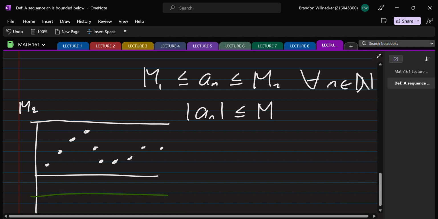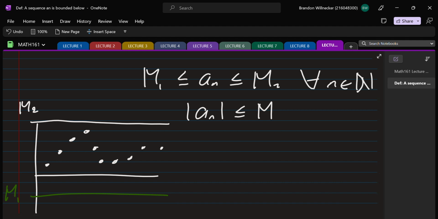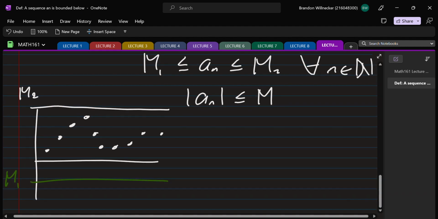So here, that's perfectly fine, M1. So we see that the sequence is above the M1 line and below the M2 line. Okay, so we've got a different upper bound and different lower bound. Now, it doesn't matter what the upper bound is, as long as it is an upper bound. Same thing for the lower bound. So what we could do instead is just have one value.